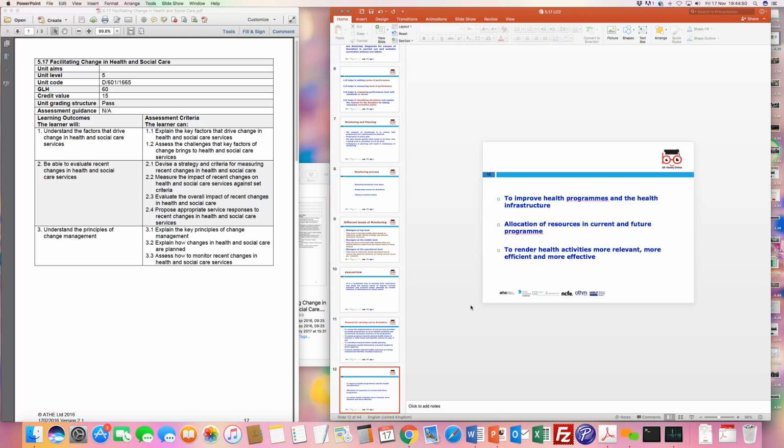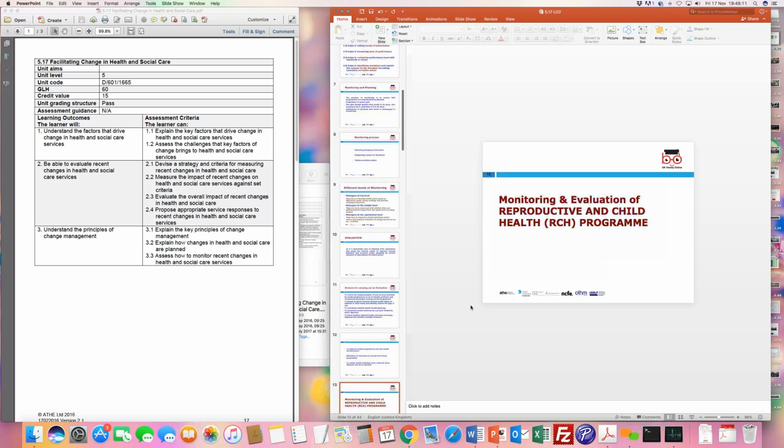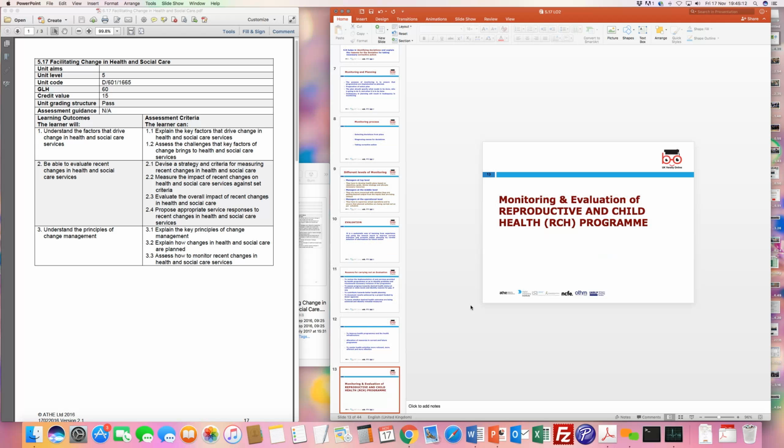So monitoring and evaluation are critical aspects within the health and social care sector, because they help the government and the healthcare department to clearly identify the changes required within this sector on a continuous basis.